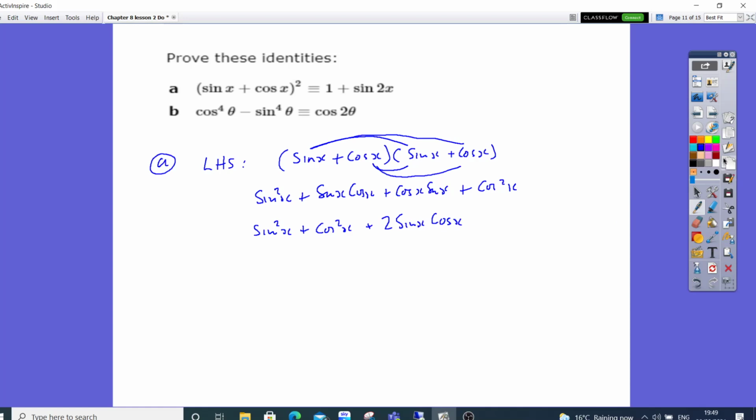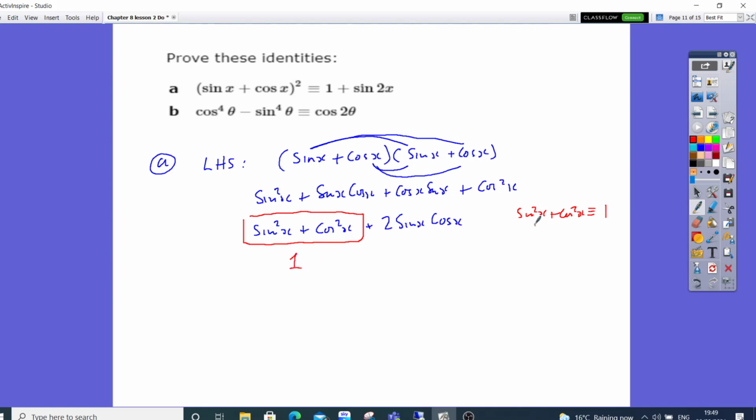Okay, now as you know from your year 12 identities, this sine squared plus cos squared, and make sure you tell the examiner that you know that sine squared x plus cos squared x is identical to 1, so there's your 1.